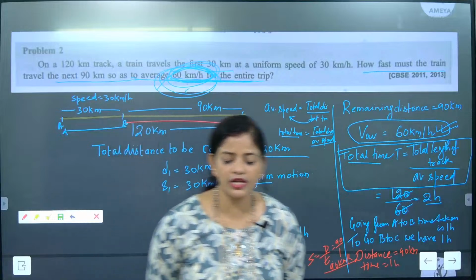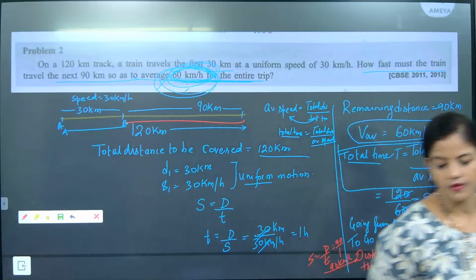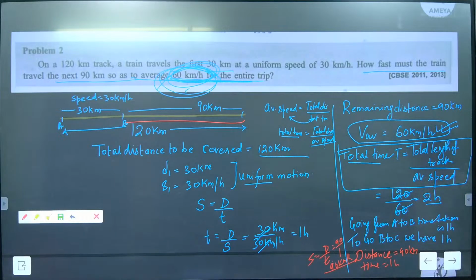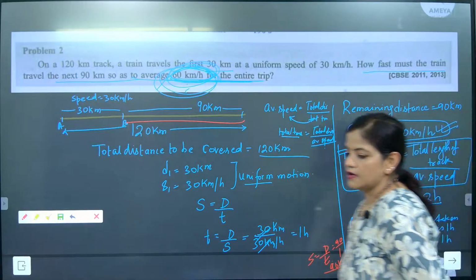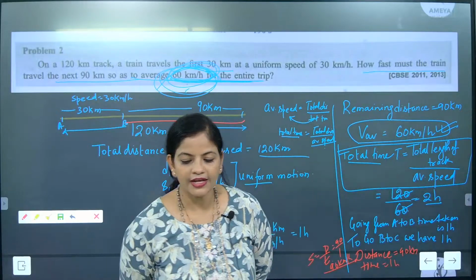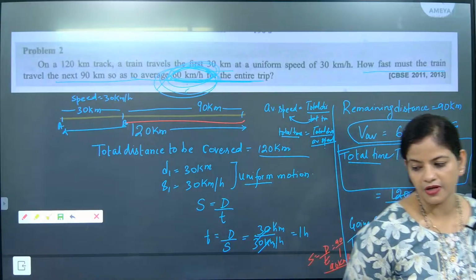Yes, it's absolutely correct. 90 kilometer per hour. Both of you are correct. Absolutely correct.